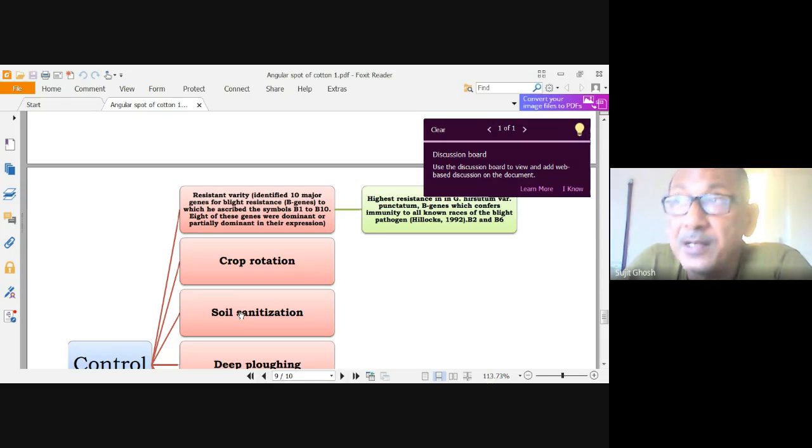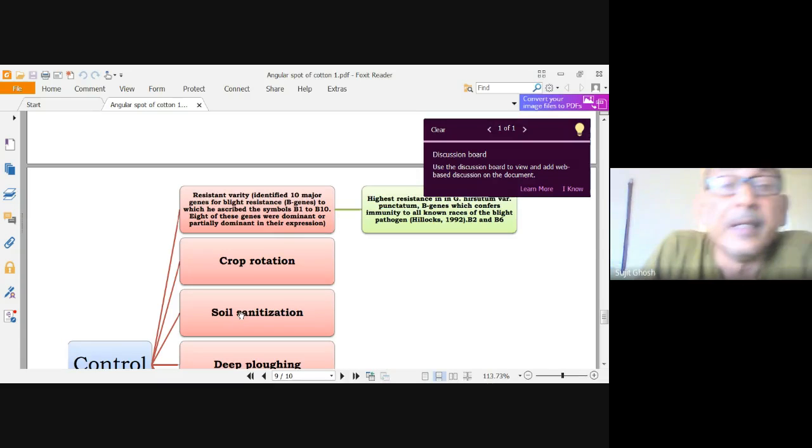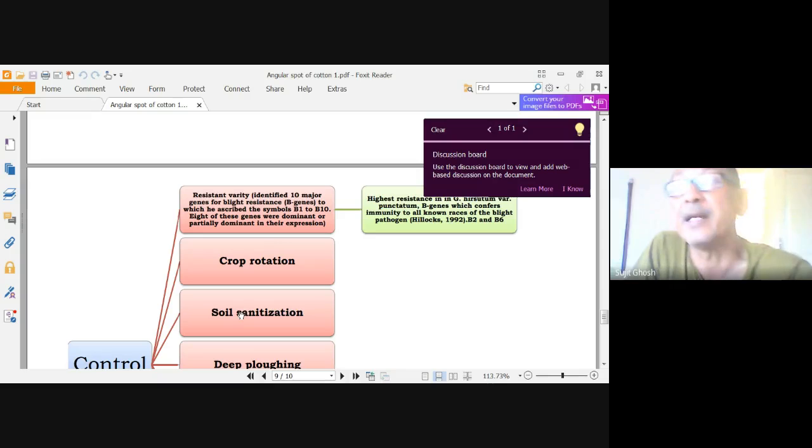Highest resistance is observed in G. hirsutum, a Gossypium hirsutum punctatum variety, where these pathogens are not capable of causing this disease, and it is observed that those having the B2 and B6 genes have a higher expression level.